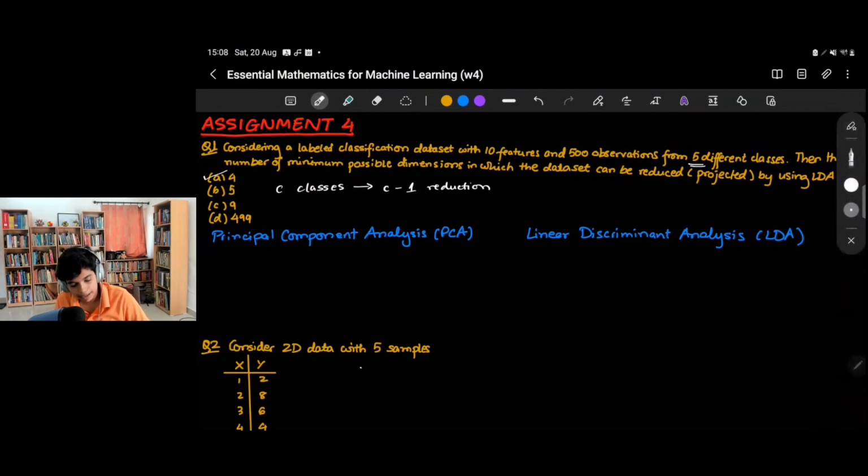So PCA is for feature classification, and LDA is for data classification. PCA can be thought of as a form of unsupervised learning.